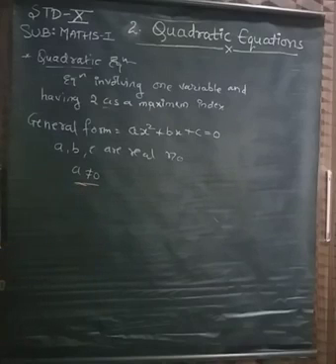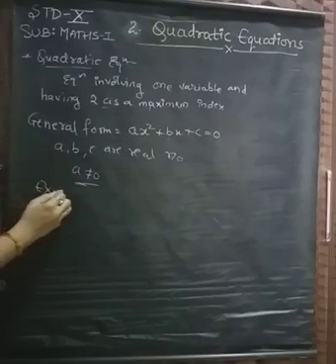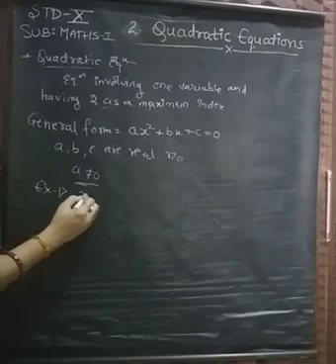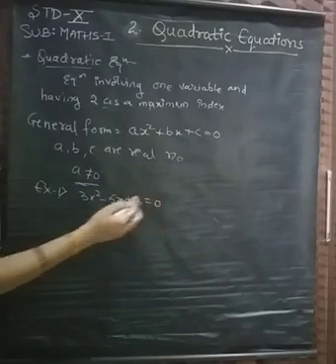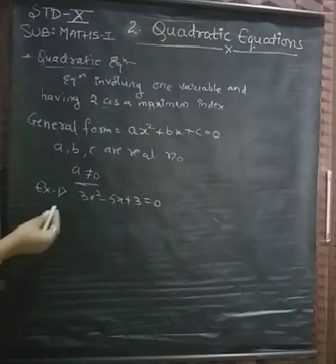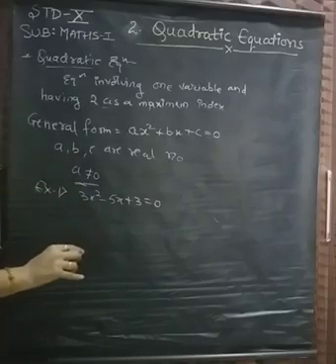Clear? Now next, decide which of the following is a quadratic equation. So now you know the definition. Suppose for example, we are solving one example over here. Example number 1: 3x square minus 5x plus 3 equals to 0. Now the question is, we have to decide whether this is a quadratic equation or not.